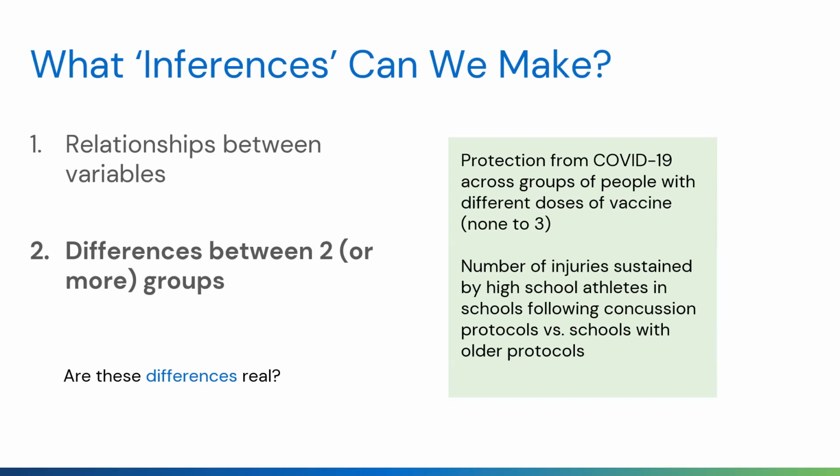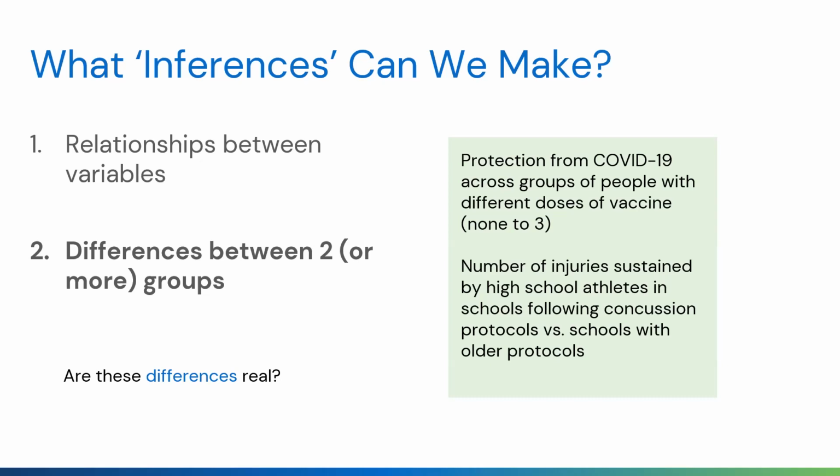So this is often where we get into experiments, when we conduct studies where we examined one group versus another group, and we examine whether or not differences in one outcome exist, and are they real? Are those differences real? For example, does protection from COVID-19 across groups of people with different doses of vaccine, so if you have like 3, from none to 3, so there's different dose levels you can get, does that change?